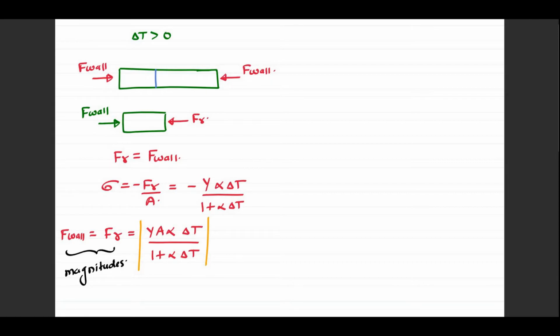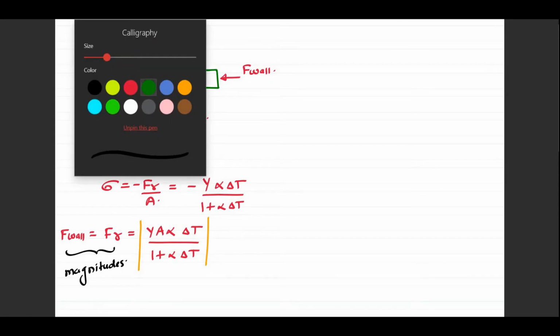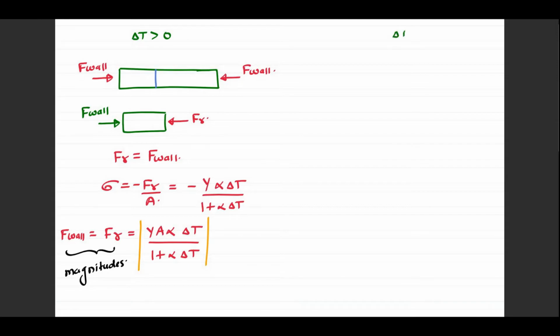Direction can be anticipated by looking at the value of delta T, right? If delta T is positive, it will be compressive, so this kind of direction. If delta T were negative, we would know stress will be tensile, and if it is tensile, F walls will be like this. So I can anticipate the direction by looking at the sign of delta T, and for magnitude I have this. Correct?